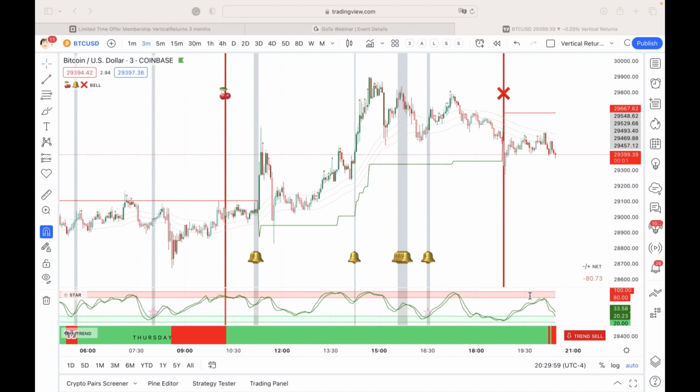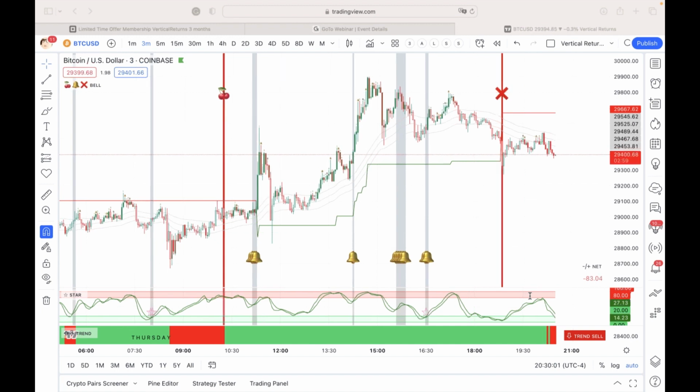The secret is that you can let your trade remain in play all the way until you see the X. Ideally, you want to exit before that because you could be pocketing more profit.